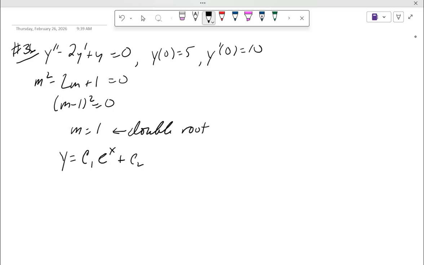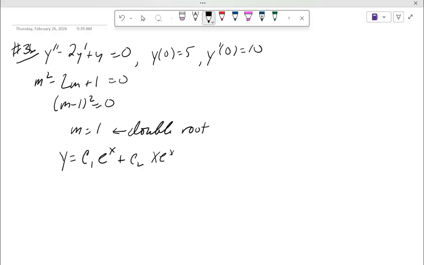C2, good, x e to the x. Exactly right. Just trying to remind us what we did last time. And if it were a triple root, you'd add another e to the x, but multiply by an x squared, right? If you had a root with multiplicity 4, you'd add another one with an x cubed on it, and so on up the line.